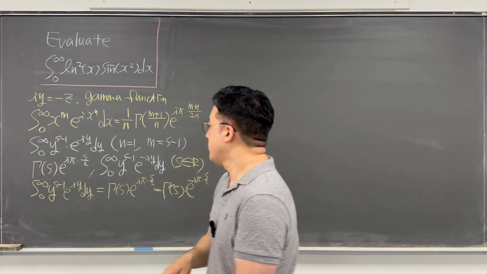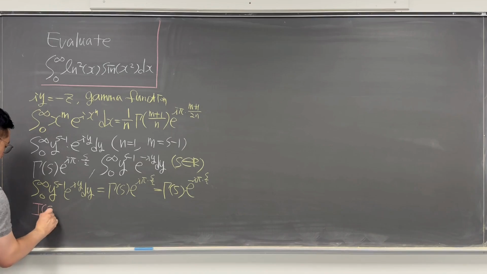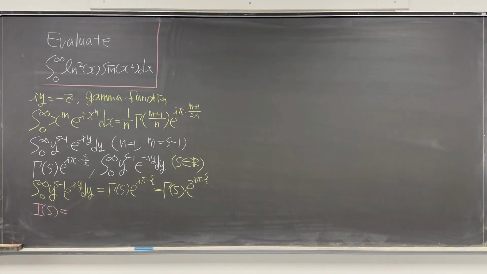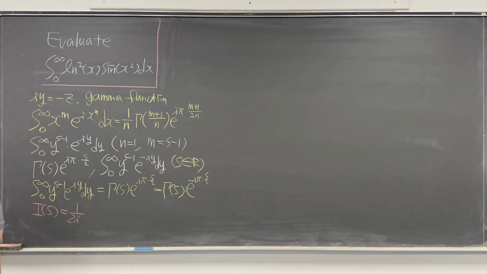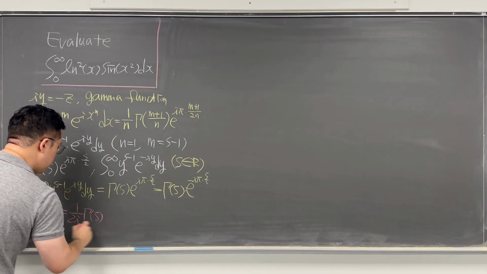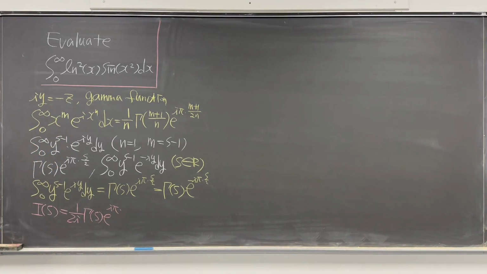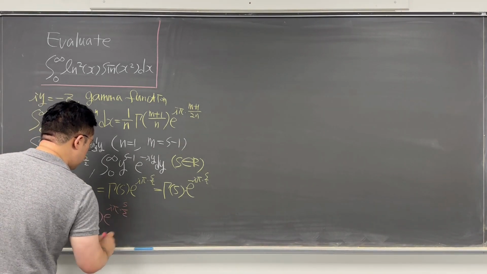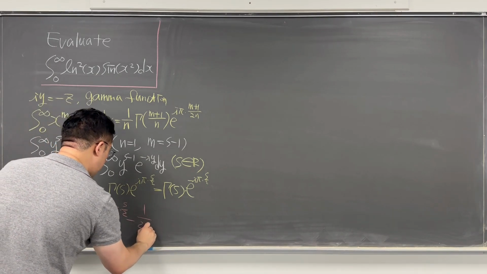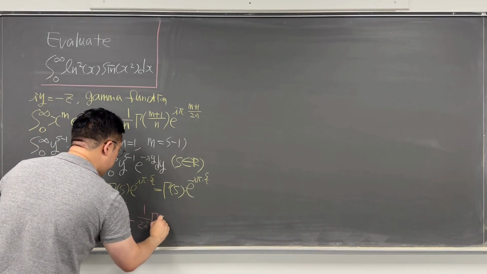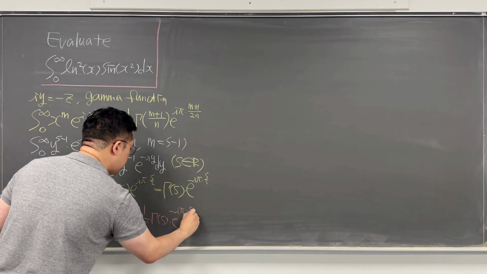And then if you think about this I of s, okay, I of s is going to be 1 over 2i, times gamma s times e to the power of i pi times s over 2, and then minus 1 over 2i times gamma of s times e to the power of negative i pi times s over 2.